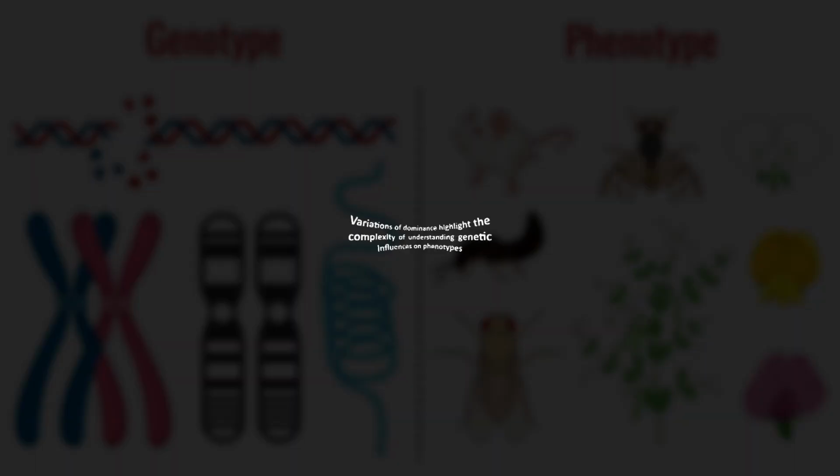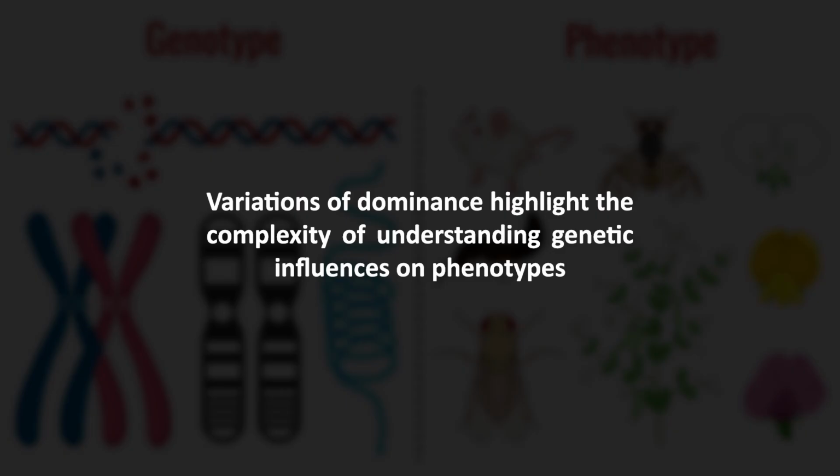Rather, they are effects that can only be measured in relation to the effects of other alleles at the same locus. Furthermore, dominance may change according to the level of organization of the phenotype. Variations of dominance highlight the complexity of understanding genetic influences on phenotypes.